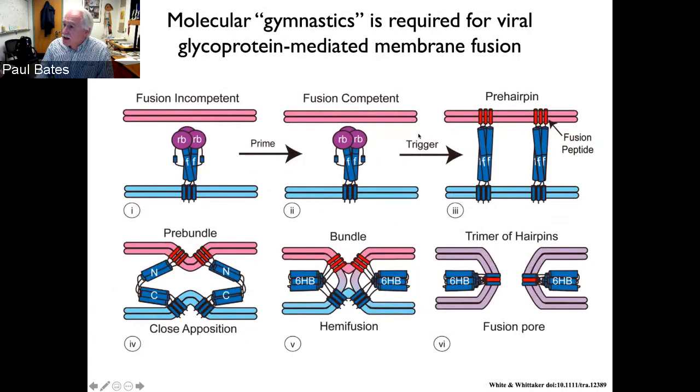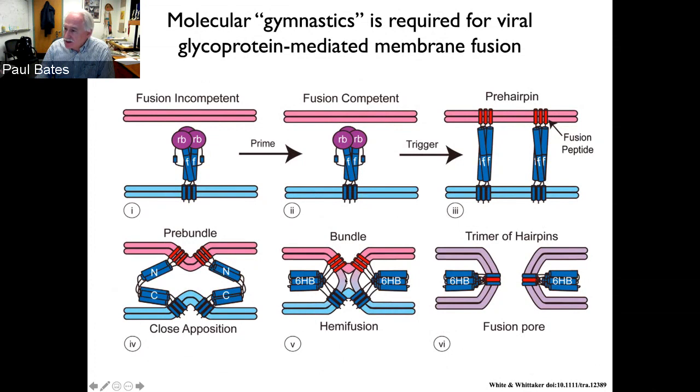So all these glycoproteins require a trigger event. That trigger event takes this fusion competent form into a form in which the protein has changed conformation and inserted part of itself into the target membrane. The part that it inserts is called the fusion peptide. Then, through more refolding, these proteins bend back on themselves, and in doing so do work on both the host membrane and their own viral membrane.